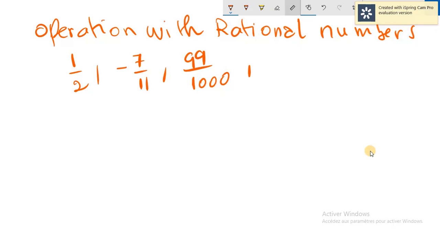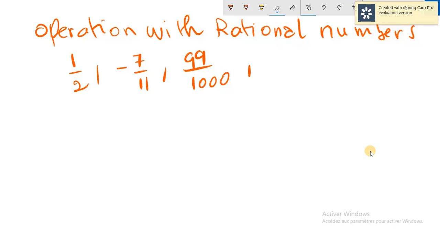So today we will learn how to add, subtract, divide, and multiply rational numbers. If you try to operate with rational numbers, you start with addition.